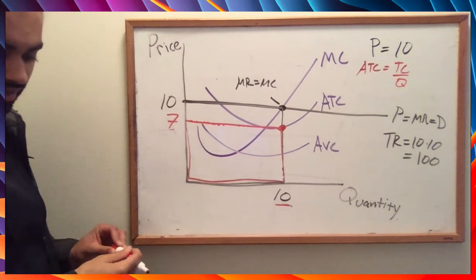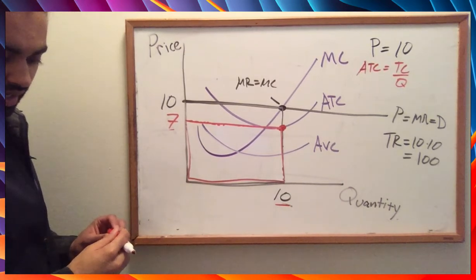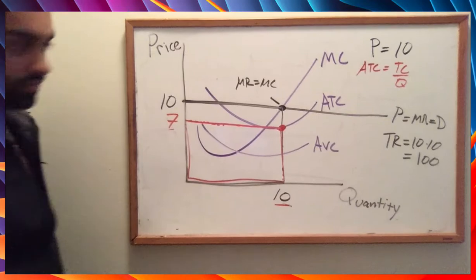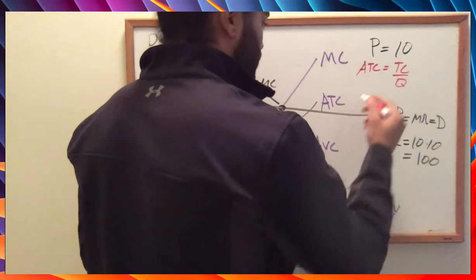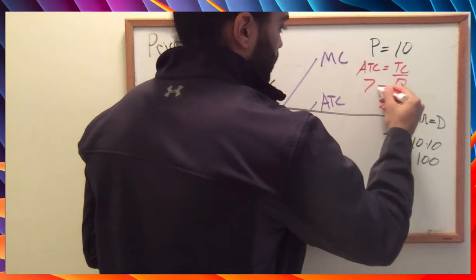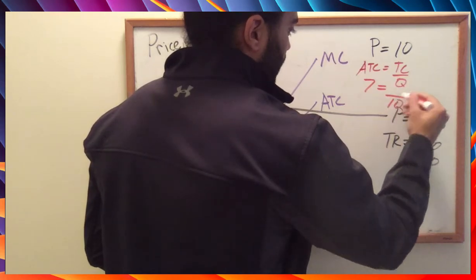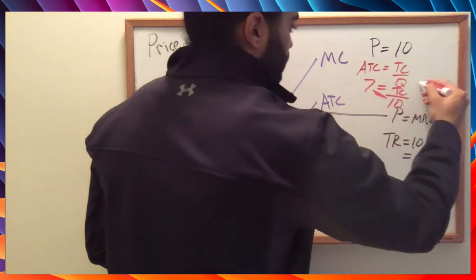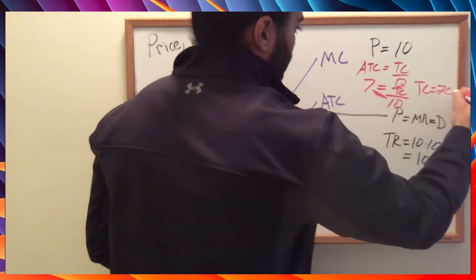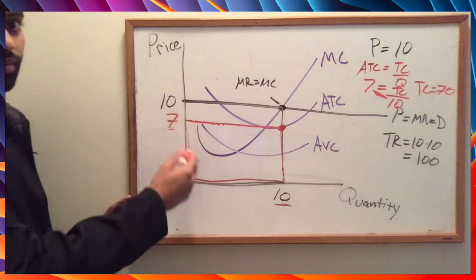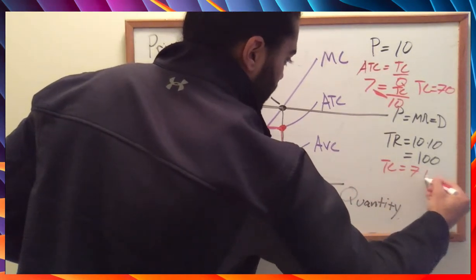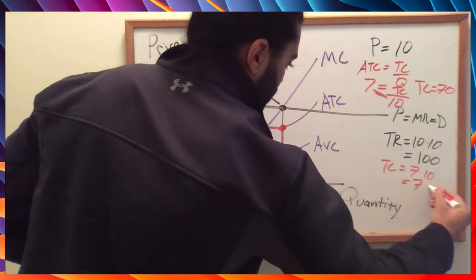So we're just going to plug in those numbers to double check that we've got it correct. It's going to be 7 equals total cost divided by 10, and we want to solve for total cost. If we multiply these, total cost equals 70. And again, just to double check, it's this red square. So total cost is 7 times 10, which is 70.